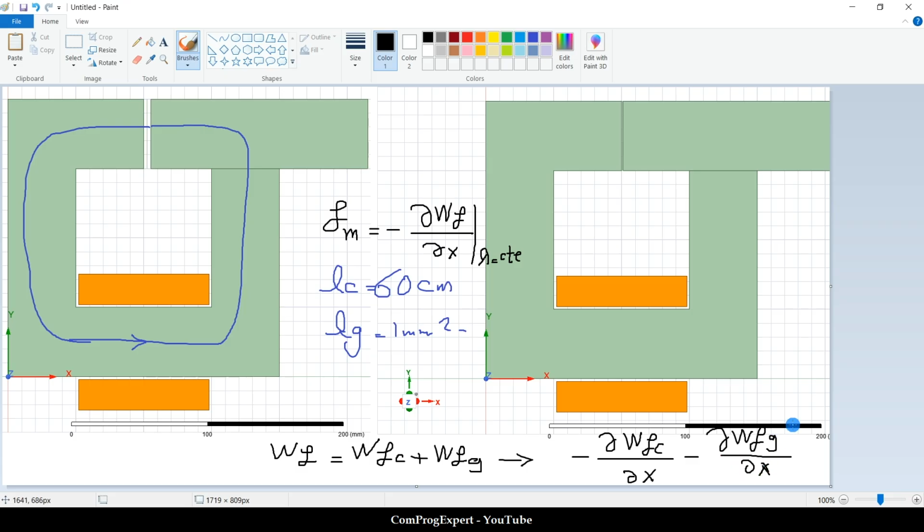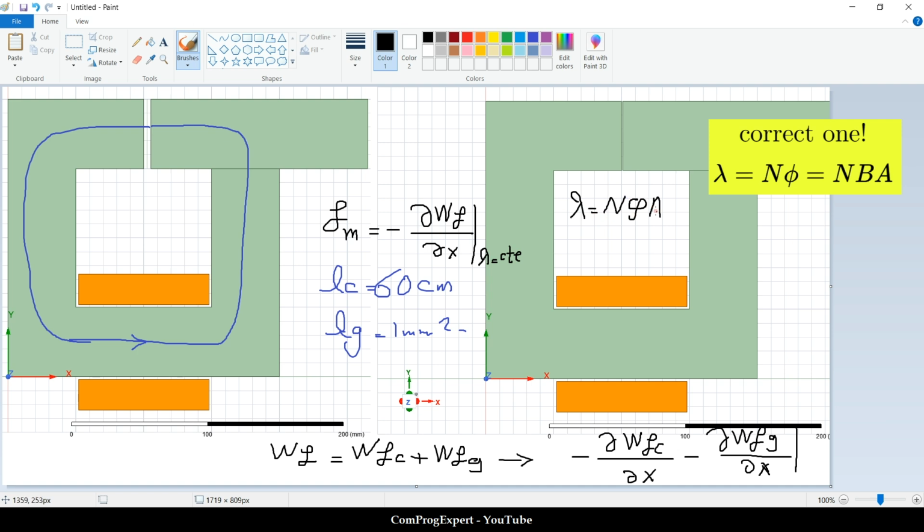So when the flux linkage is constant, what is the value of the flux linkage? The flux linkage is the number of turns times phi times area.